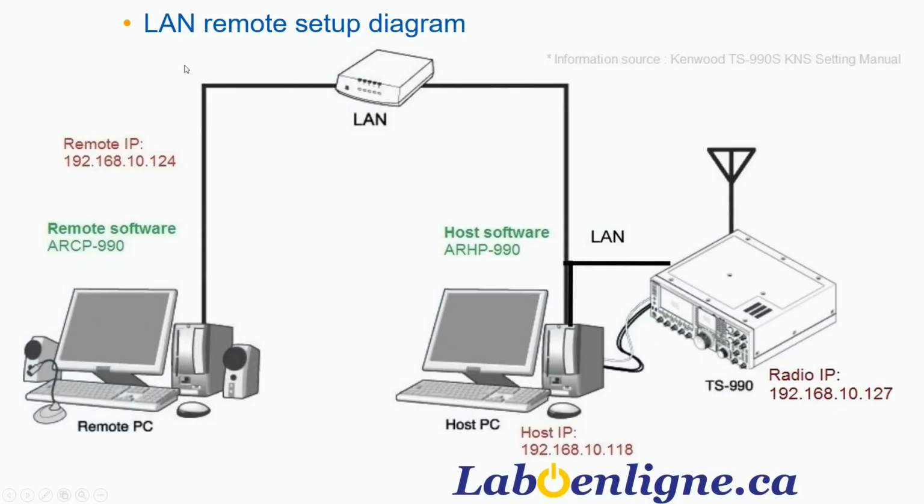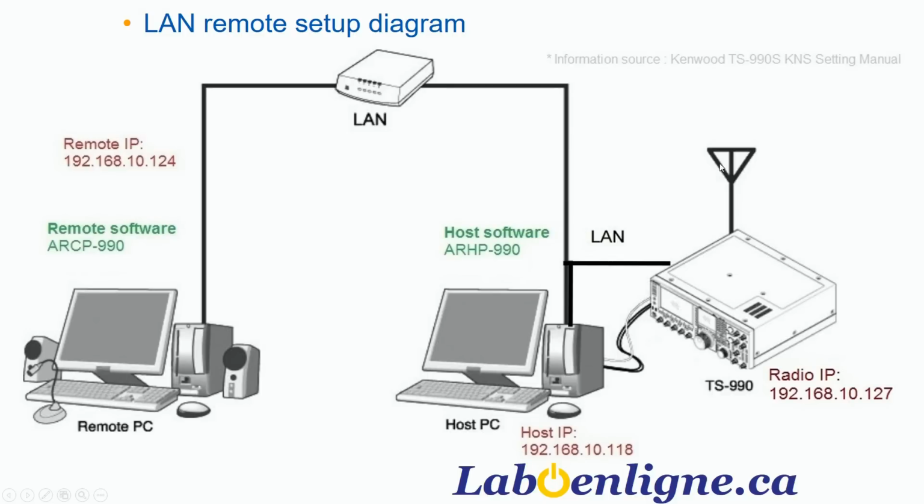Okay, in your LAN, here's the diagram that I took from the Kenwood KNS setting manual, but I modified it just to show you in your LAN which software needs to be installed and where. So this is the IP address of my remote PC. This is the IP address of my radio that you just saw earlier, and this is the IP address of my host station, which is the PC in my shack.